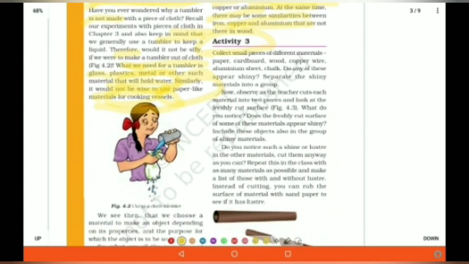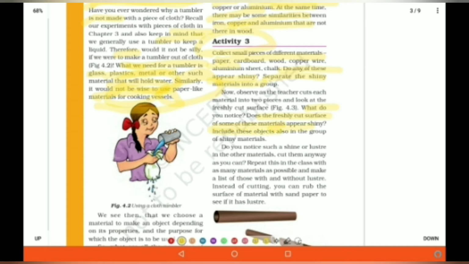Activity 3. Collect some pieces of different materials: paper, cardboard, etc. Do these all appear shiny? Separate the shiny materials into a group. Now, observe as the teacher cuts each material into two pieces, and look at the freshly cut surface. What do you notice? Does the freshly cut surface of some of these materials appear shiny?